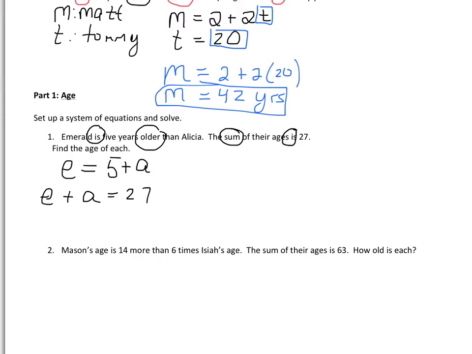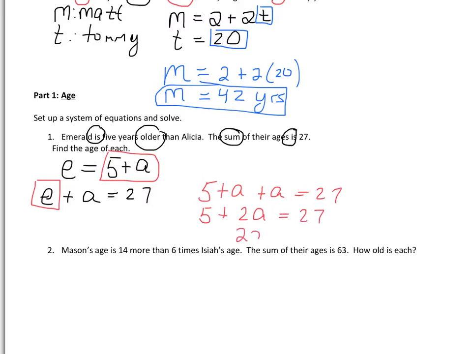So now, what's this set up to do? A little substitution, right? So we got Emerald equals 5 plus A, and that's going to substitute in for the E. So 5 plus A plus A is equal to 27, or 5 plus 2A is equal to 27.